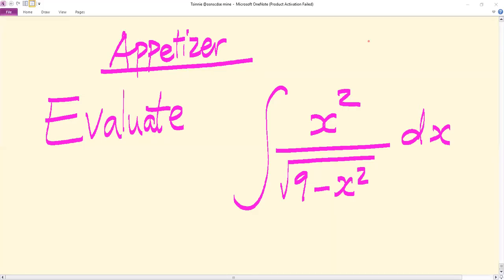Welcome to this session. In this session we discuss a problem on how to integrate x squared over the square root of 9 minus x squared.